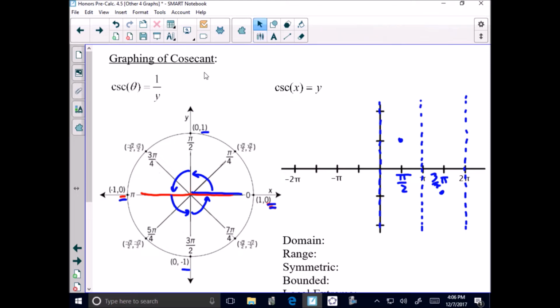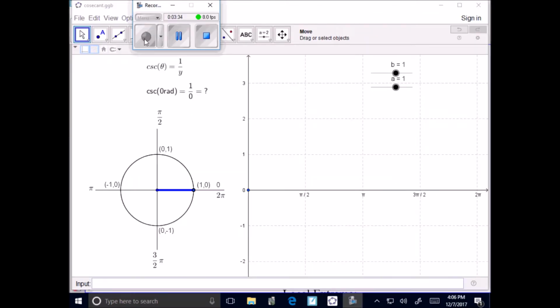So now we're going to look at the function of cosecant as we rotate around the unit circle, and see what's happening with the y values on the perimeter of the unit circle as we rotate through each quadrant. At 0 radians of rotation, we have a y value of 0. Our cosecant ratio is undefined since we're trying to divide 1 by 0.